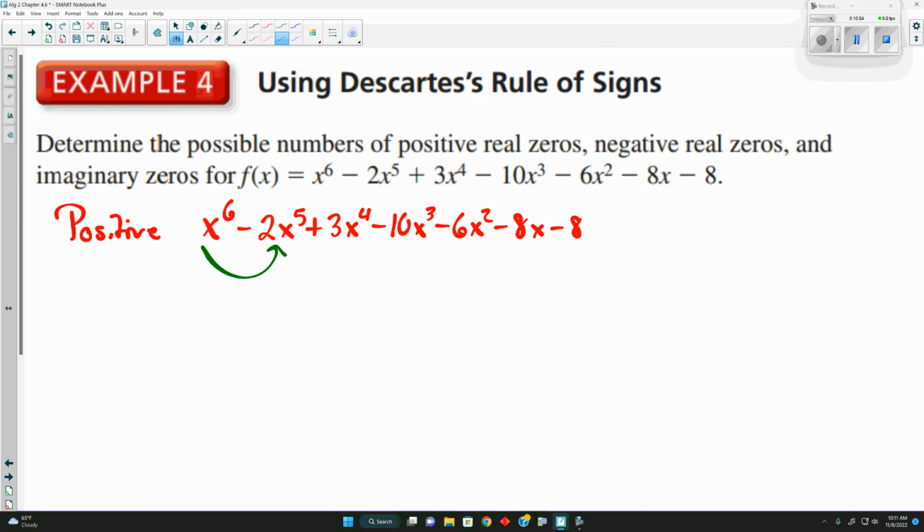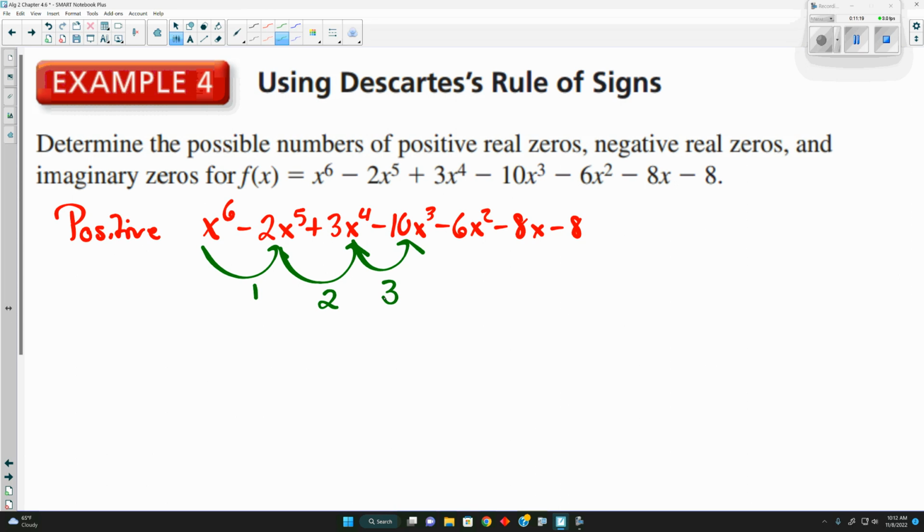So from x to the 6th to x to the 5th, did the sign change? Because x to the 6th, is it positive or negative? And it goes to? So it does, yes? So that's 1. How about from x to the 5th to x to the 4th? So that's 2. X to the 4th to x to the 3rd. So we have our third sign change.